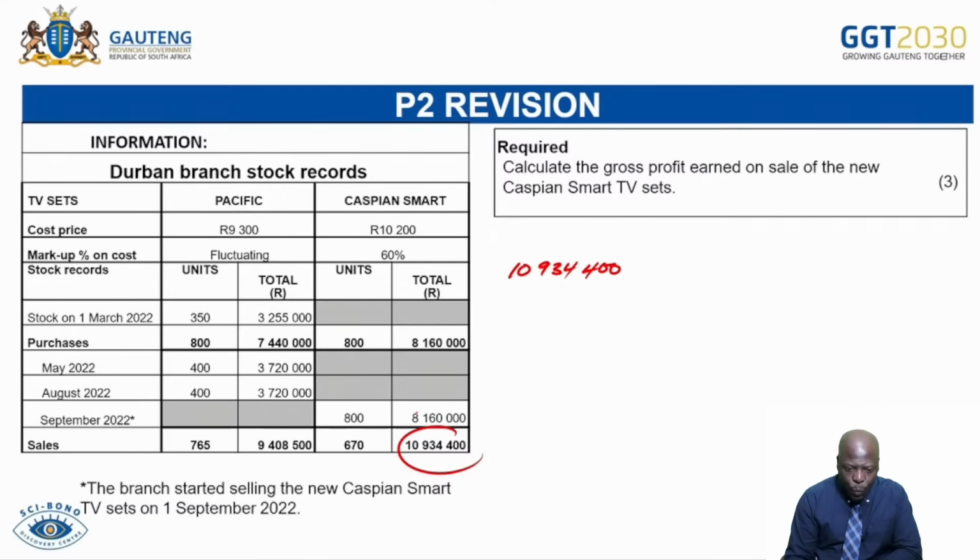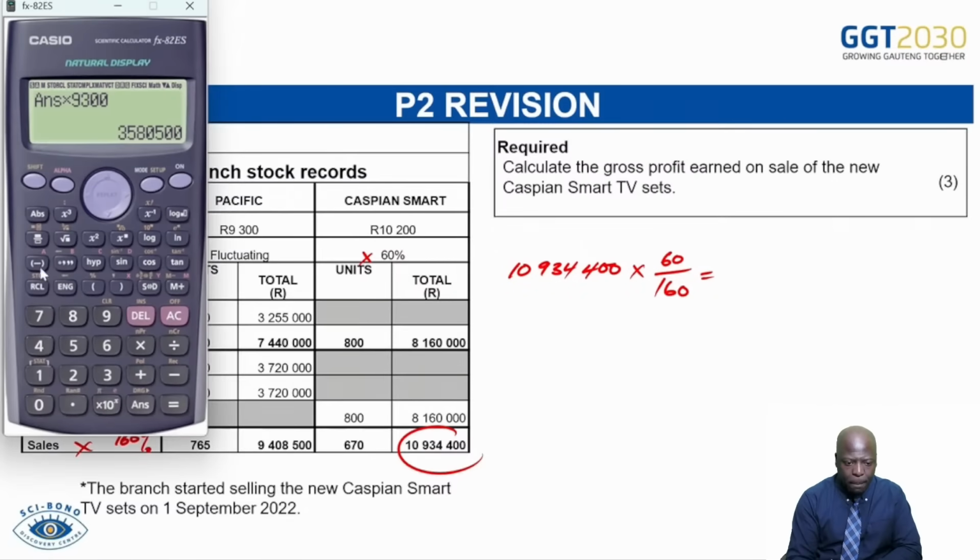And then we are told the markup is 60%. So that's your profit. So here we want 60, and this was sales. So this is 160%. So we want 60 over 160, like that.